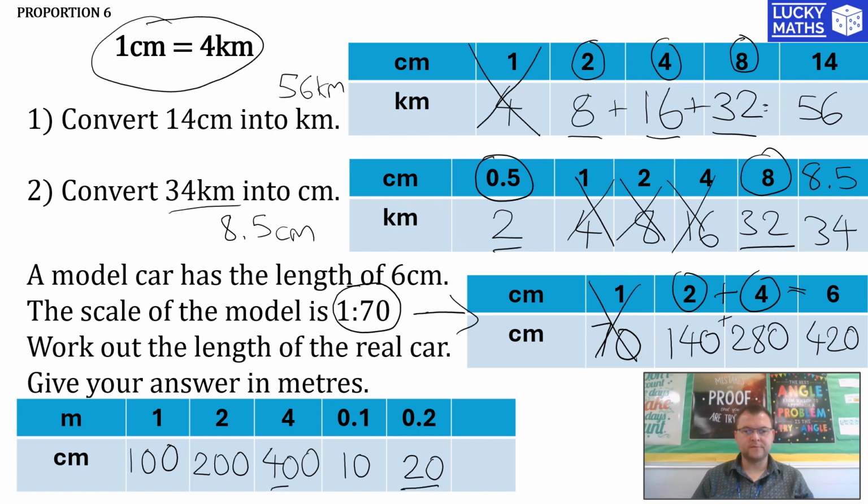So I'll underline again the numbers I can add together. Let's circle the top. This means 420 centimetres is the equivalent of 4.2 metres. And this again is another use of the ratio table to answer scale questions.